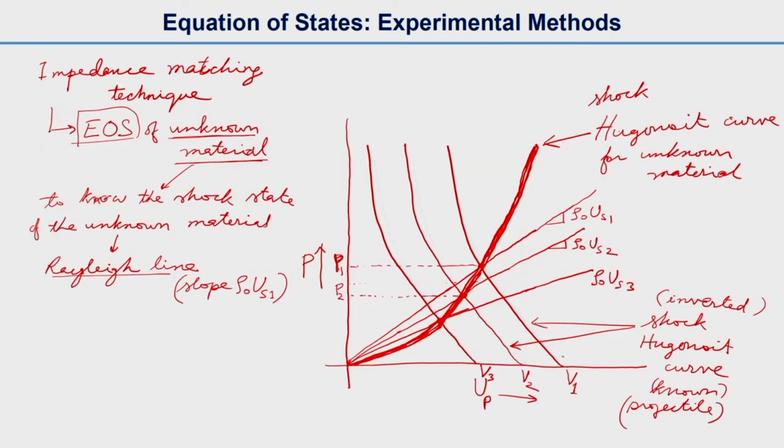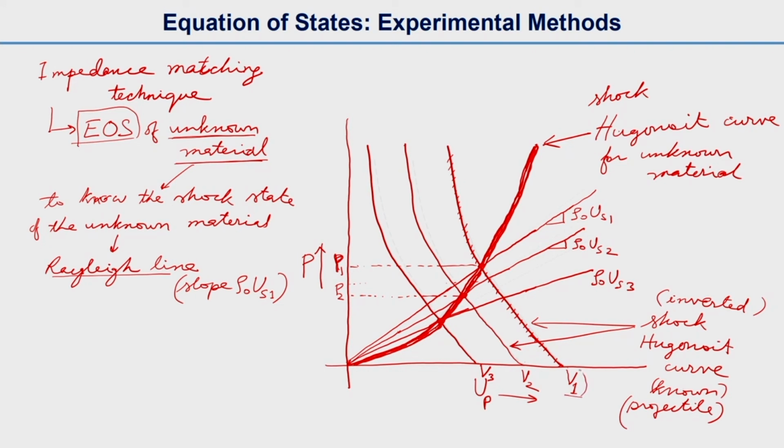So, now what we did is we first drew this curve. I just made these cuts on here, and this is the shock Hugoniot curve for the known material, that is the projectile, at the impact velocity V1.